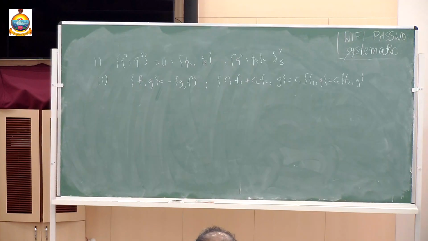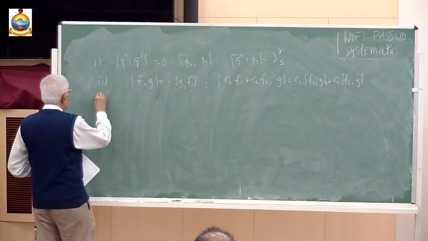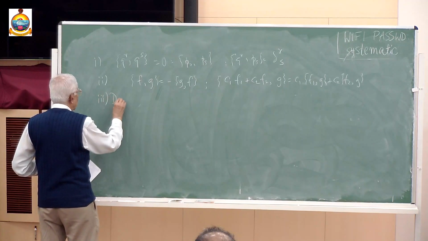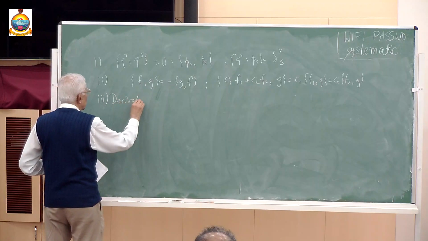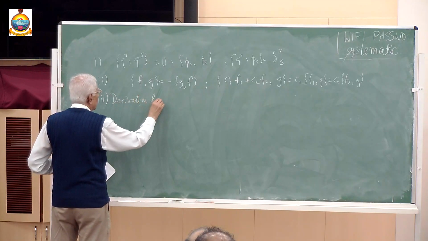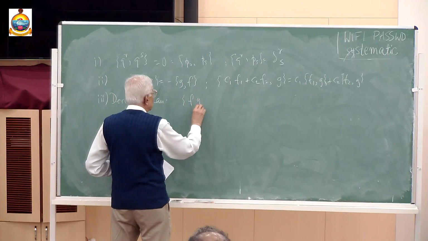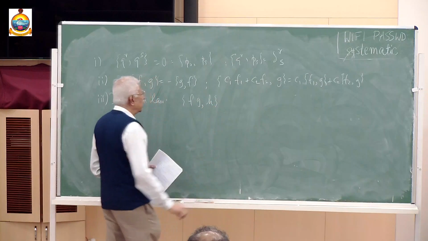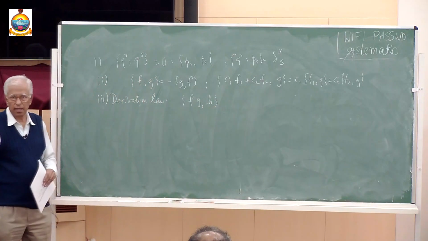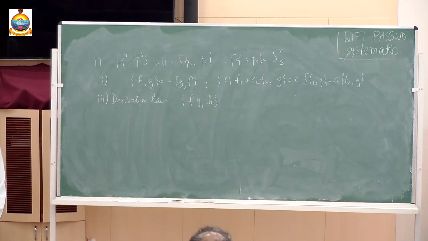So this is called the linearity, and the first part is the antisymmetry. There is a third part called the derivation property. It is the following. Suppose you take three functions f, yeah, beg your pardon?